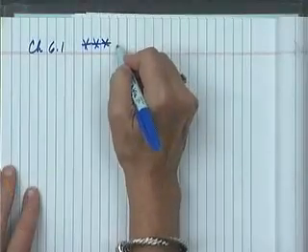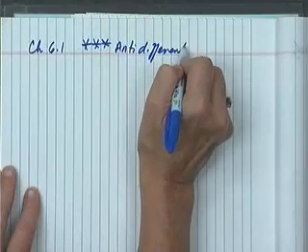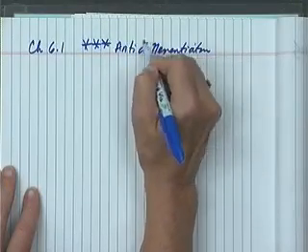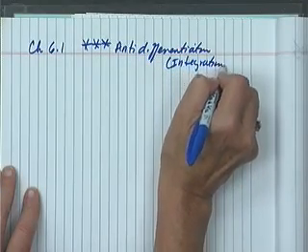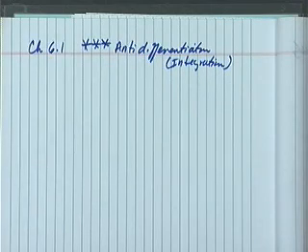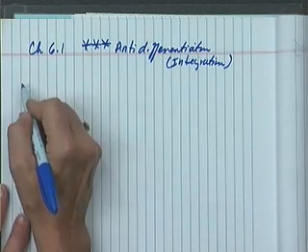Very, very, very important. So let's put a few stars around it. Chapter 6.1, very important. It's called anti-differentiation. It's also called integration. Okay? All right. And we always like to start with where we've been and build on it.